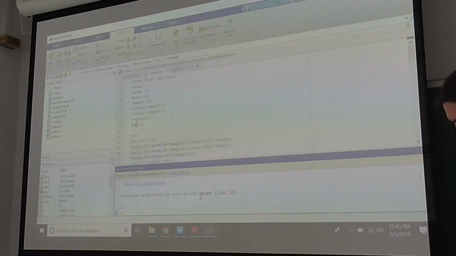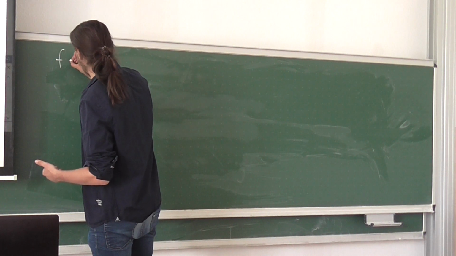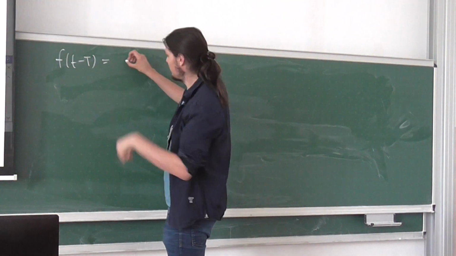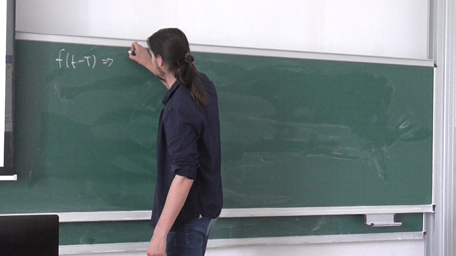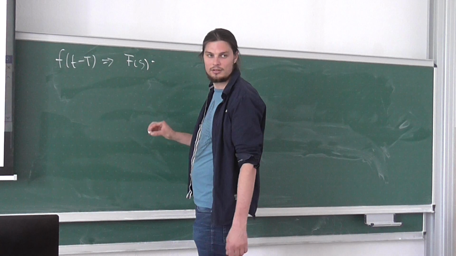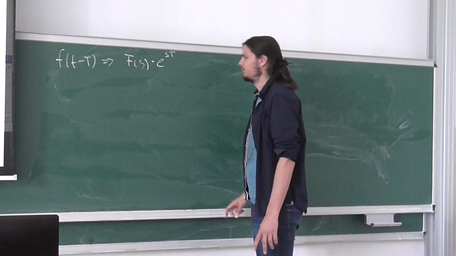If you look at any Laplace transform sheets, you will see that if you have a delayed function, f of t minus T, this will be F of s multiplied by e to the minus sT. Is it sT, or s minus T, I forgot.